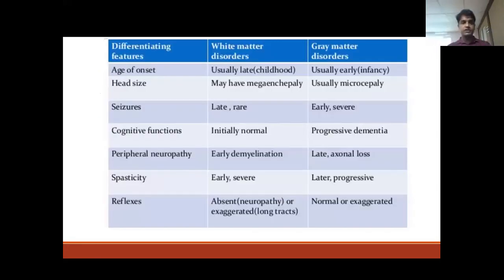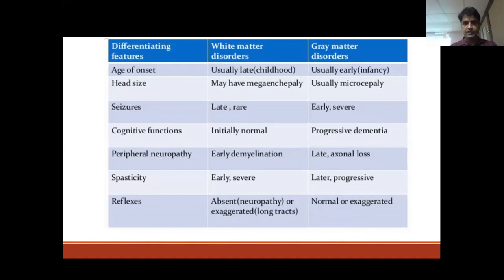The differentiating features in a nutshell: the age of onset in white matter disorders is usually a little later, while in gray matter disorders it is usually early on, from infancy. As for head size, white matter disorders can have megalencephaly, and gray matter disorders usually have microcephaly.